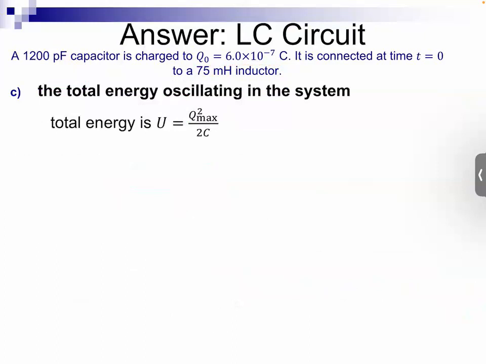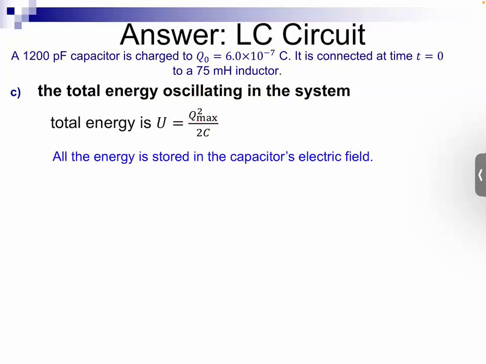All right, the total energy oscillating in the system, right? Total energy can be solved 2 ways. If you think about the total energy being contained in the capacitor, then you use this equation, which relates to the energy stored in the capacitor with maximum charge.